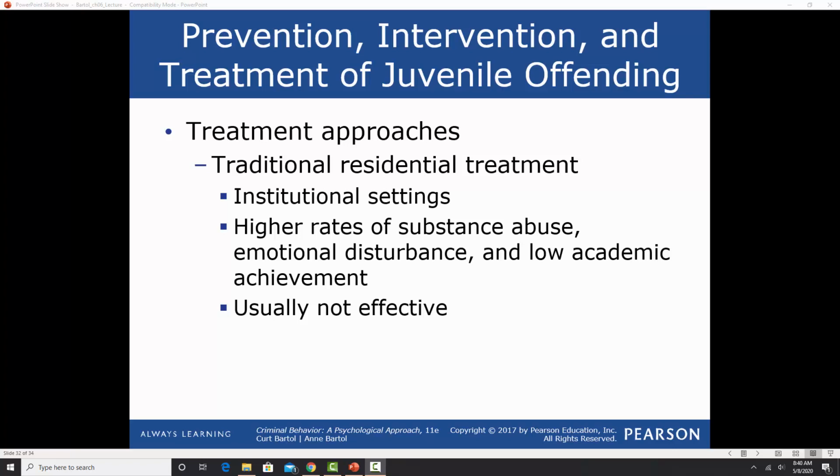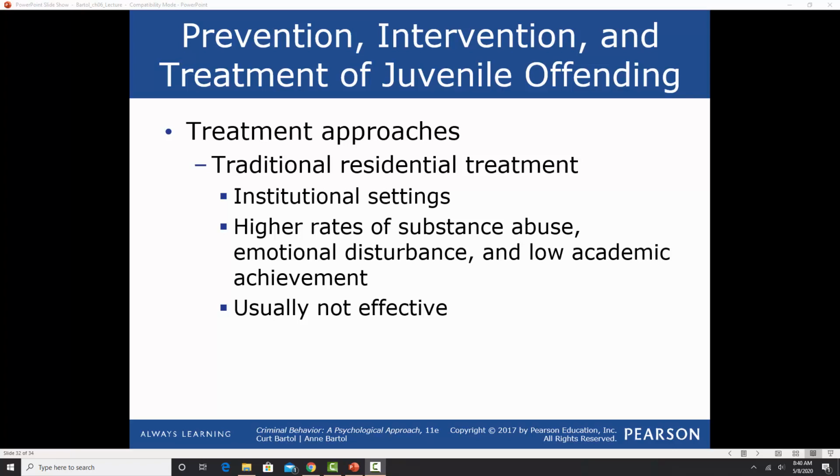Now, the different types of treatment approaches, we have traditional residential treatment programs. So these are typically some type of institutional setting where the juvenile is sent away to some type of facility. This is usually for substance abuse issues, emotional disturbance, low academic achievement. Studies do not show good results.